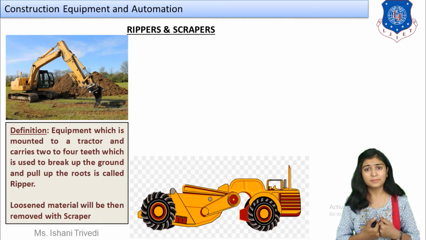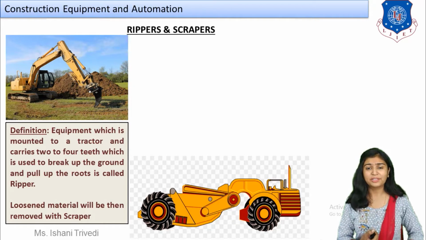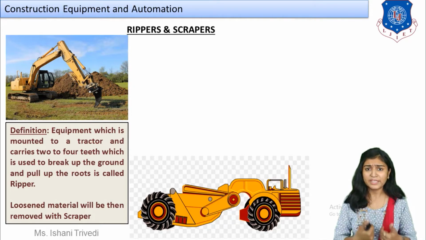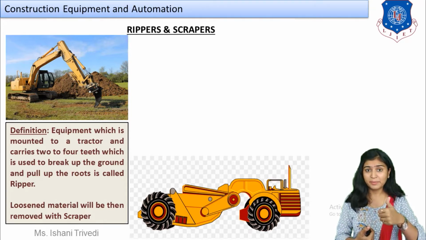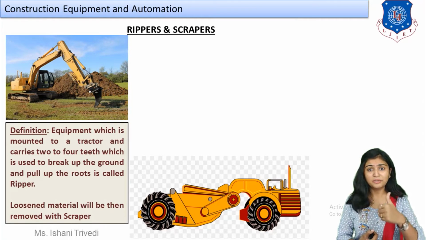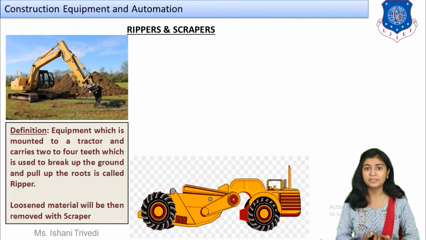So let us talk about the technical definition of the rippers. It says that it is equipment which is mounted to a tractor. Now see students, the tractor became the basic equipment over here, right? Dozer is also basic equipment. Ultimately you are going to mount everything on a tractor. This is what I was trying to say even in the starting.